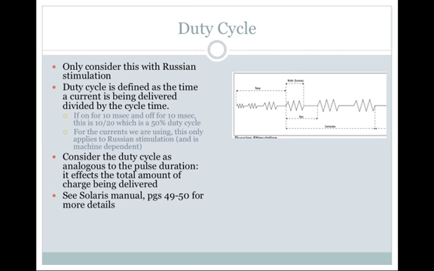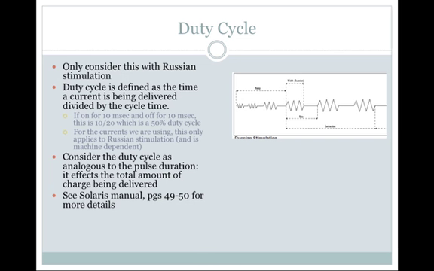But just keep in mind that the definition of Russian current is a 2500 hertz carrier wave at 50 pulses per second. So that's usually what your Russian machines are going to come alive at, or the default parameters are going to be.